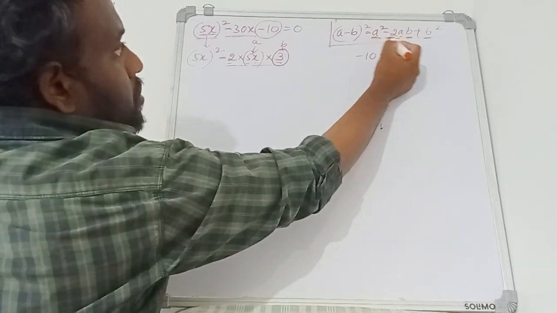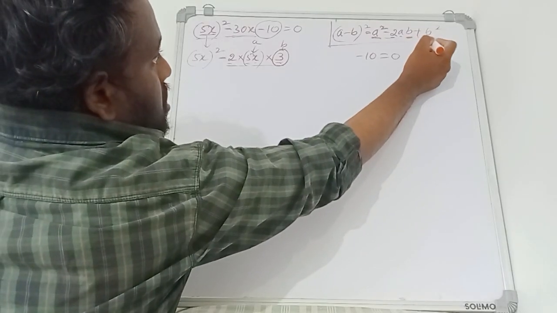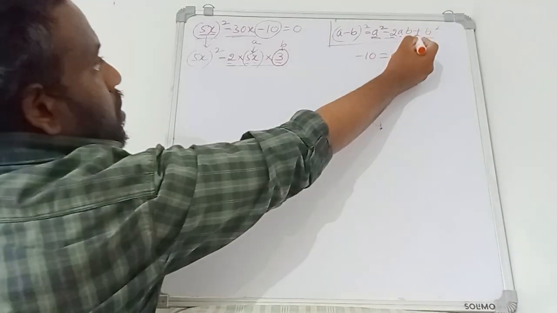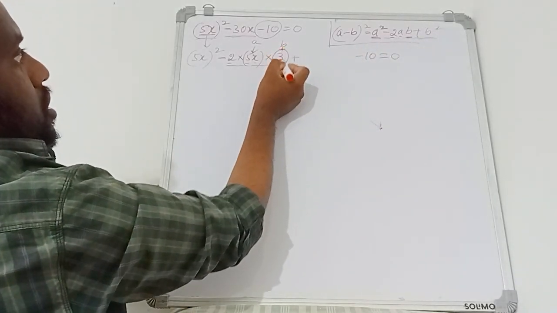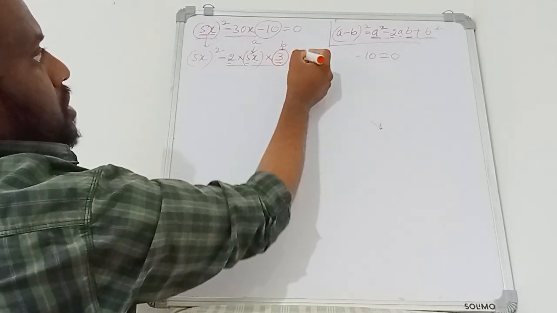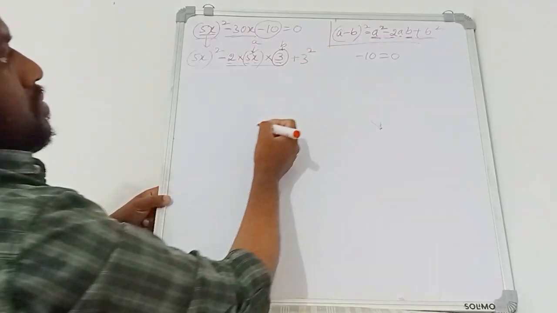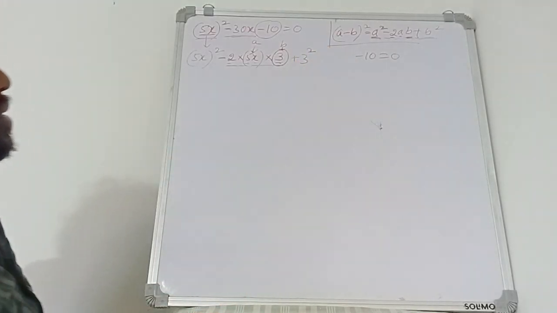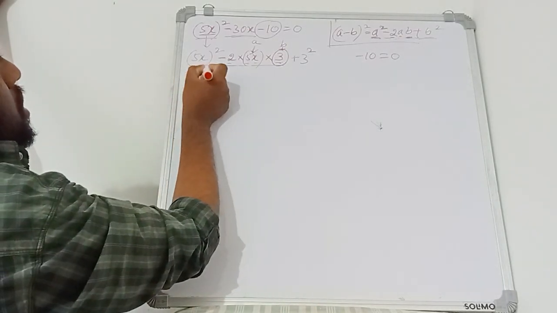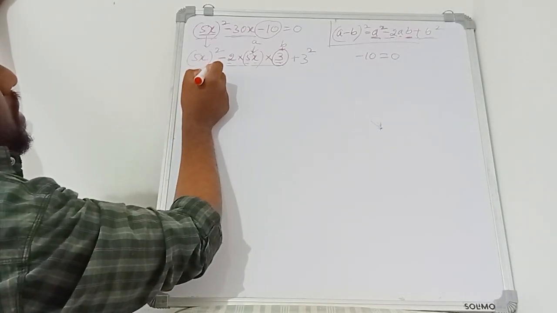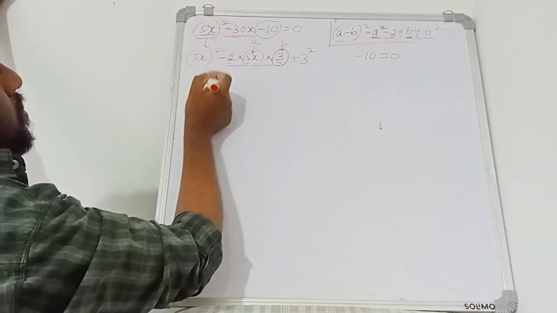So now a² minus 2ab is done. We have plus b². This plus b means in place of b we have 3, so b² means 3². Okay, you understood. Now see, this (5x)² is in the equation.